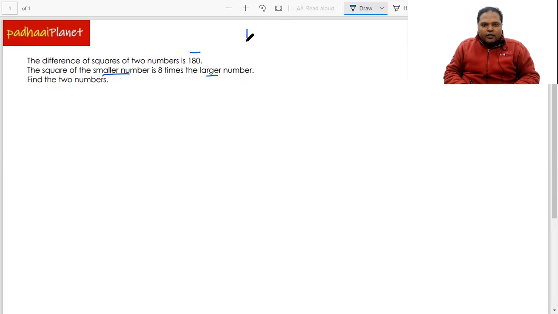So first of all, let's suppose the larger number is equal to x, right? And the smaller number is equal to y, right? Now let's start looking at these relationships.